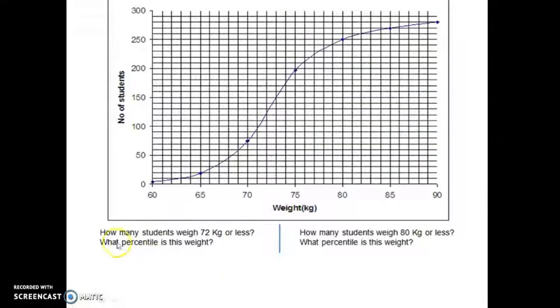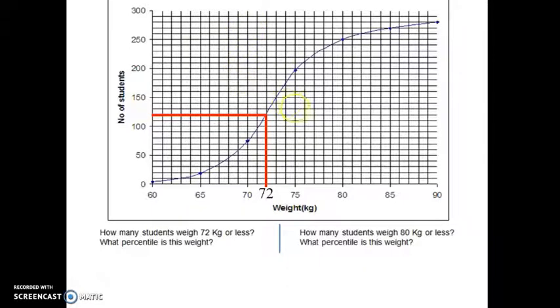All right, the first question says, how many students weigh 72 kilograms or less? And what percentile is this weight? So we're going to look on the x-axis, which are the weights. We're going to find 72. So 70, 71, 72 is here. We're going to go up to our curve. You should always use a ruler for this. From there, you're going to go across.